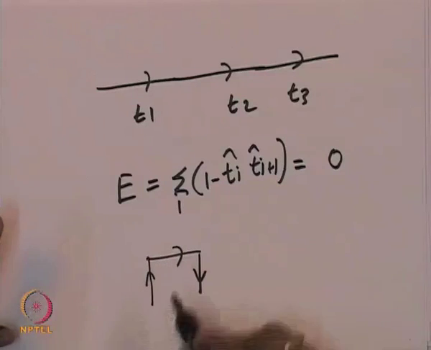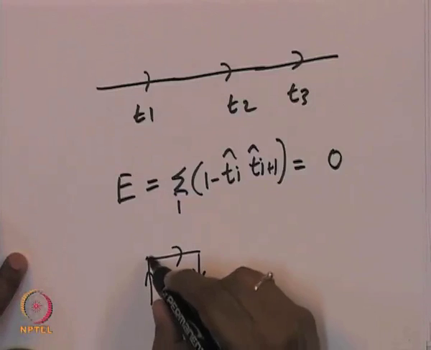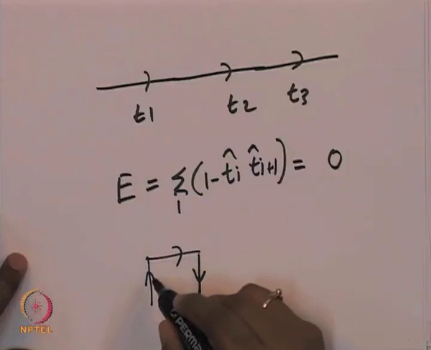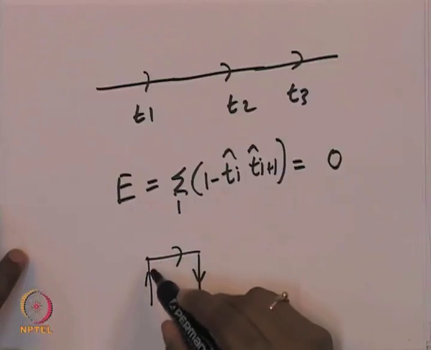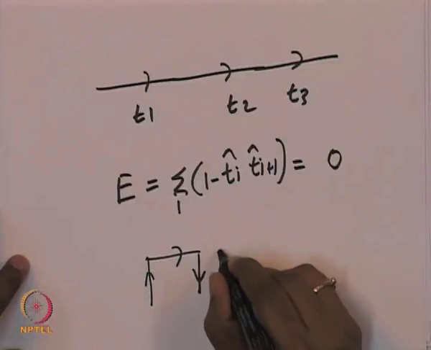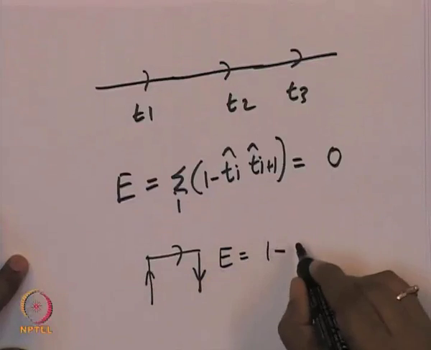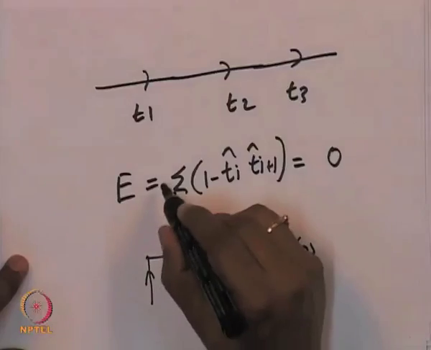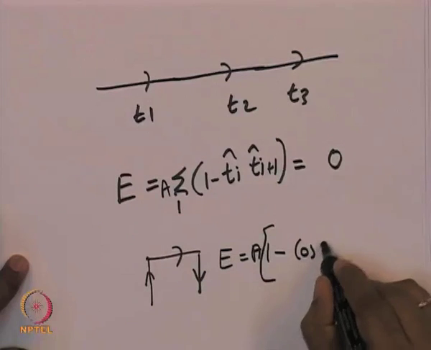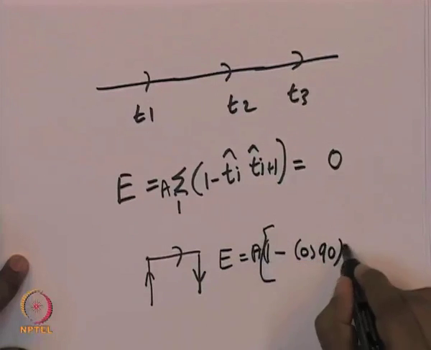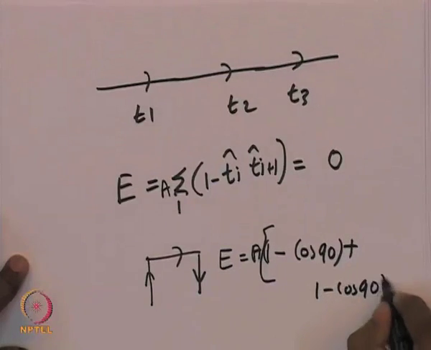So, the angle between this is 90 degrees. So, the energy of this, so there are 3 tangents and 2 angles. So, the energy of this will be A into 1 minus cos 90, and there is an A here, A into 1 minus cos 90, plus this also 90 degree, again 1 minus cos 90.